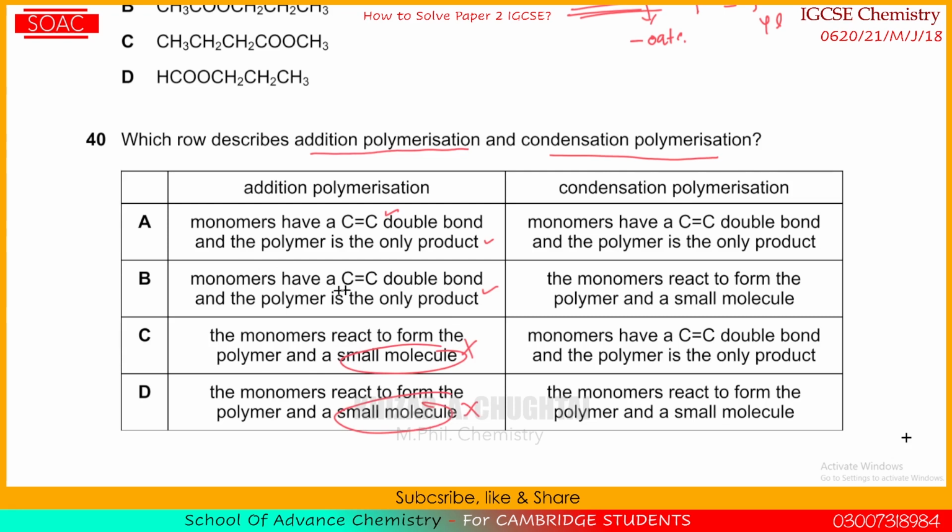So either A or B may be the correct option. In condensation, there is no carbon-carbon double bond participation. Monomers react to form the polymer and a small molecule like water, like HCl, and so on. So the second row is the correct one. B is the correct option.